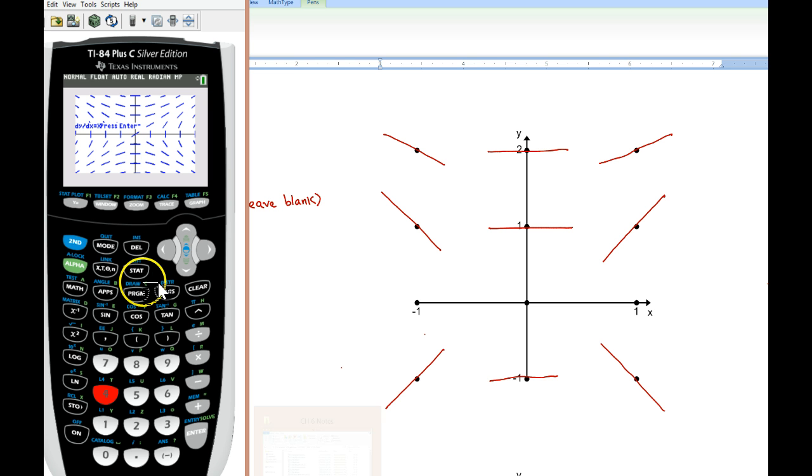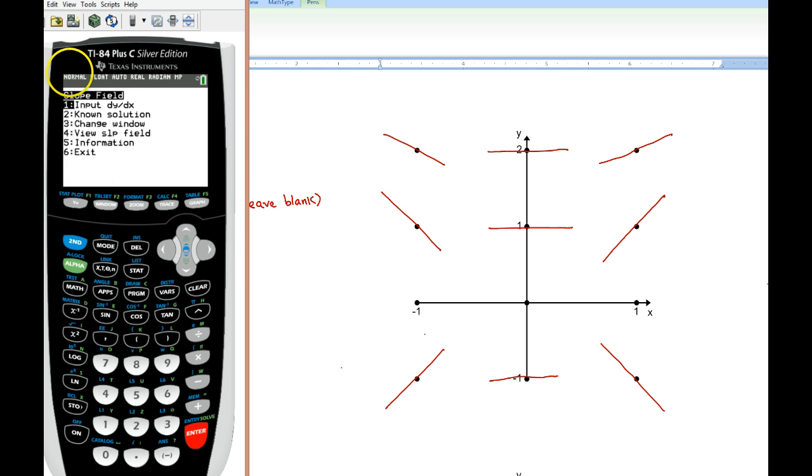You could go back and change the window, so like number 3. It's only going to let you do standard or zoomed in, so usually I would just zoom in. And then resolution, I'll just do high. And then just go back to view the slope field number 4.